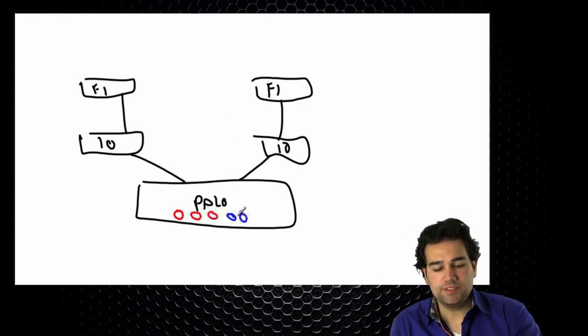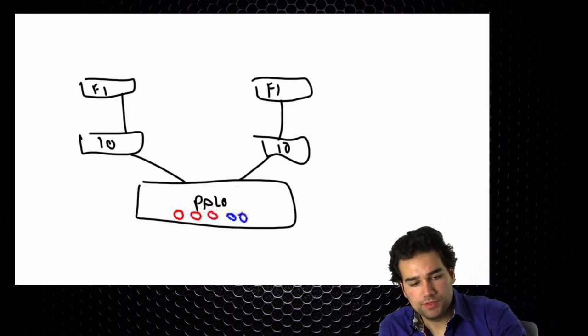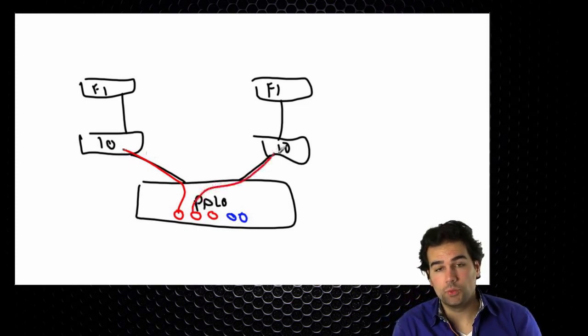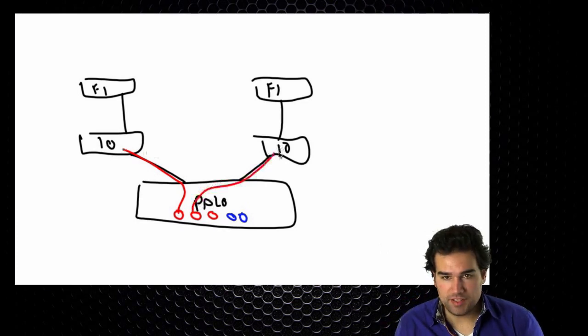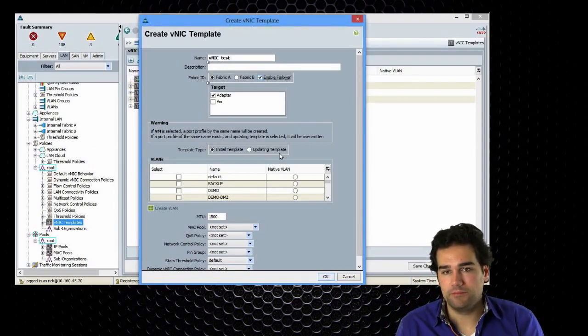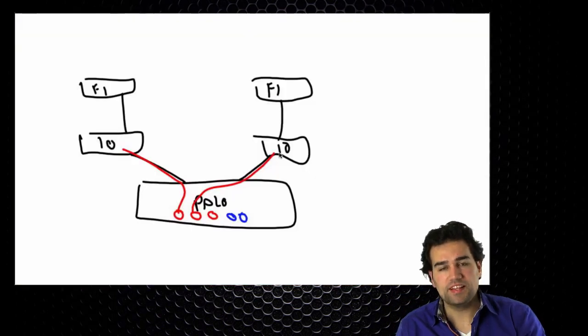They all relate to a certain uplink. So this one is using Fabric A, this one is using Fabric B, and that's how they are statically configured. Because as you can see in my template settings, I really statically select Fabric A or Fabric B. And that's how I'm going to assign them. That's how I'm going to assign VN tags to it.